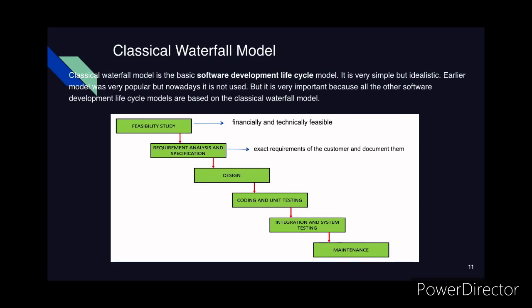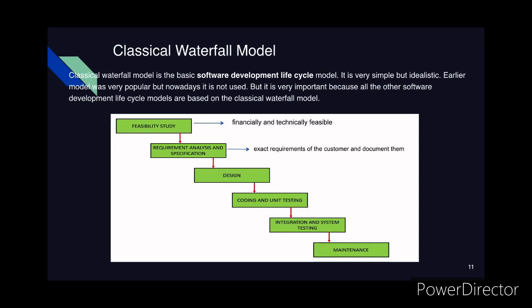Any future dispute between the customer and the developers can be settled by examining the SRS document, because in some cases it may happen that after delivering the product, the customer will claim that this is only half of the requirements which I gave you, and a few requirements are not being fulfilled.